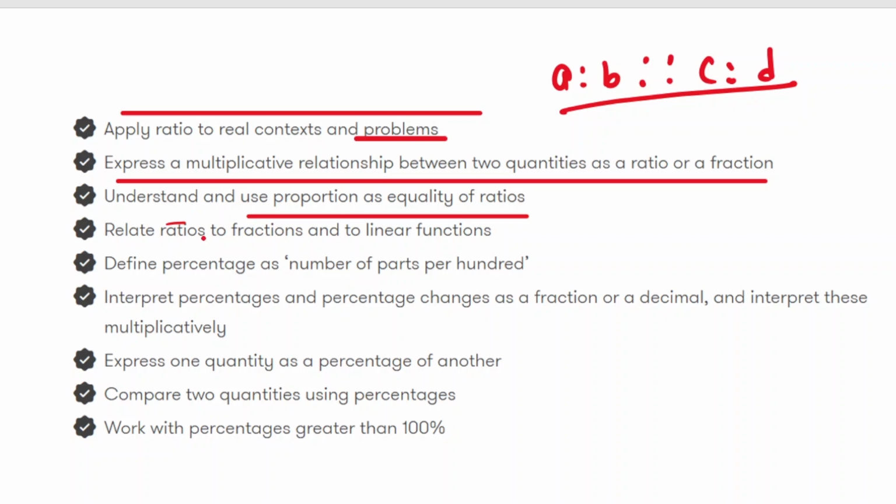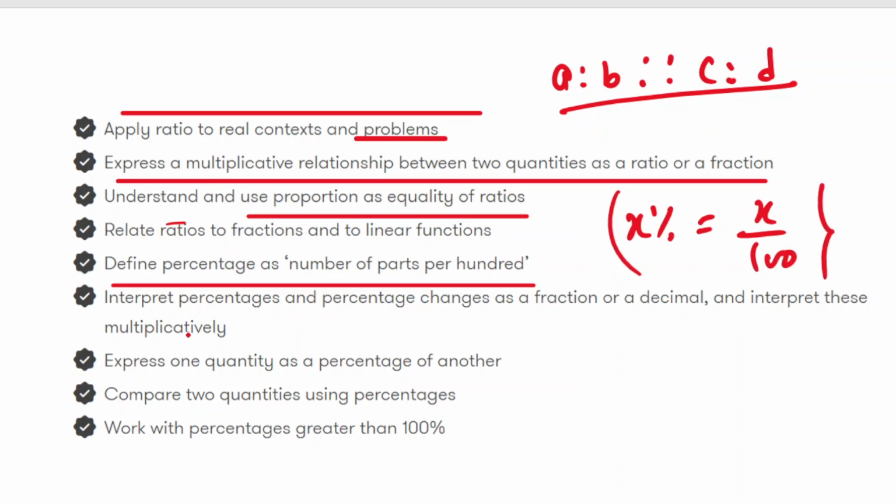Define percentage as number of parts per hundred, like x percent. Interpret percentages and percentage changes as a fraction or a decimal. Remember this, we also learned these topics in year 7, 8 and 9.